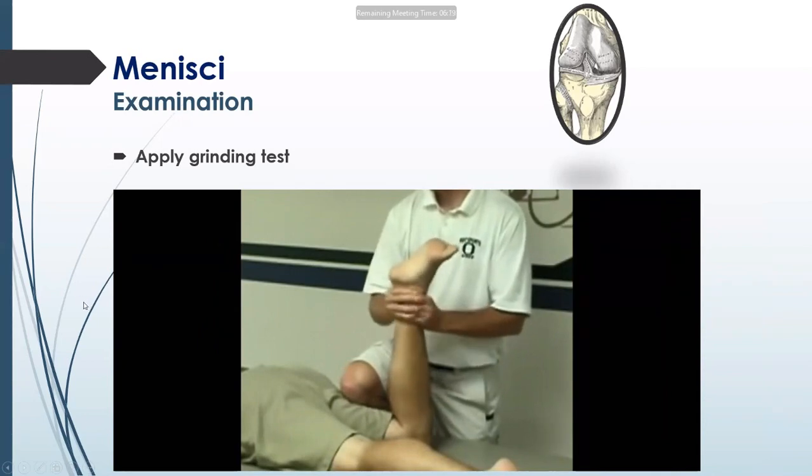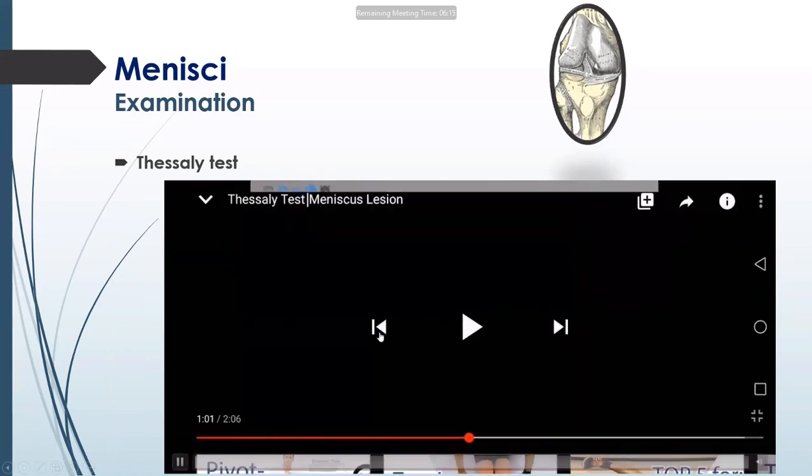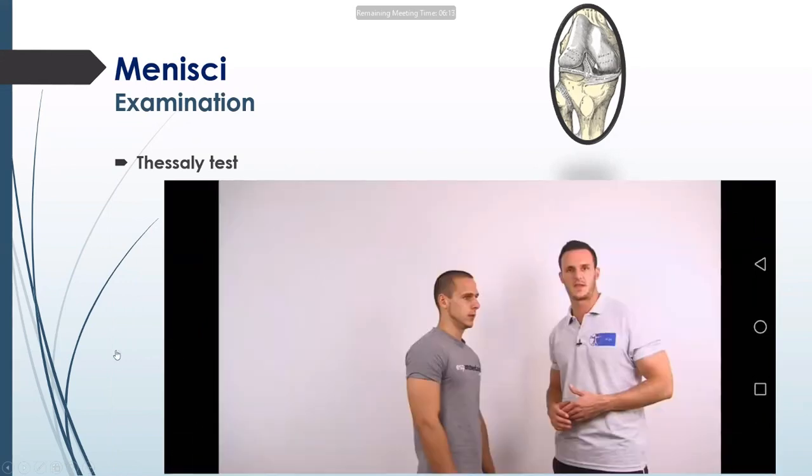The recently added test is the Thessaly test. The Thessaly test is also not specific and is hard to perform with patients.